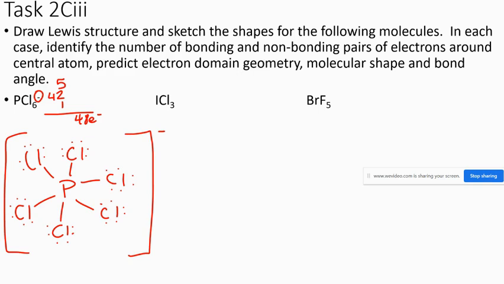All right. So now we go to our handy dandy chart. How many things do I have around my central atom? 6. Do I have any lone pairs? No. So this is octahedral with a bond angle of 90 degrees. Now, does this look like 90 degrees here?